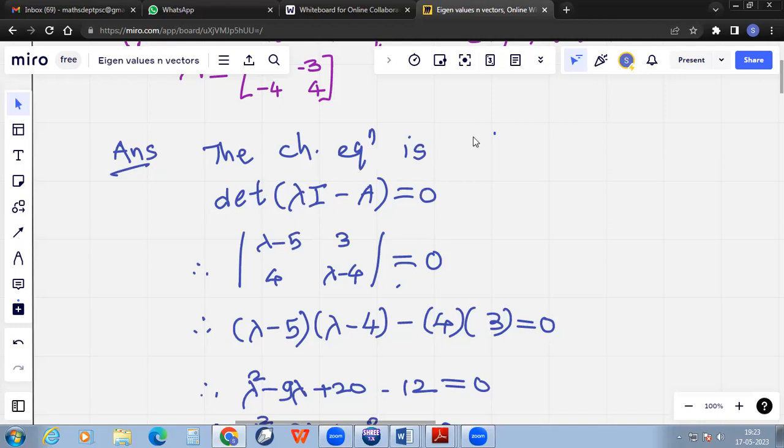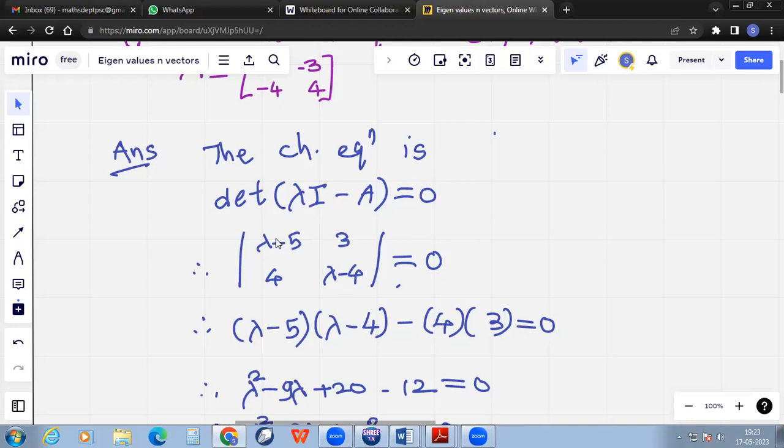Once again, let us see. We take lambda times I minus A. When its determinant is equated to 0, this equation is known as characteristic equation. For this matrix, we are taking determinant of lambda I minus A equal to 0.